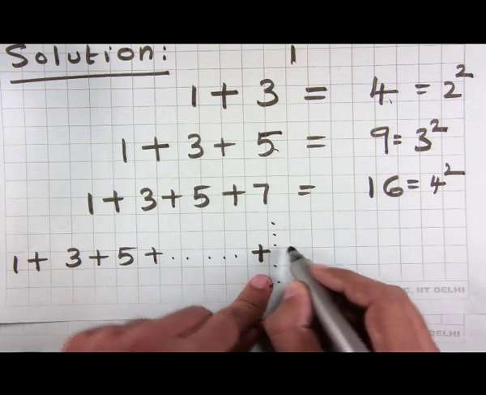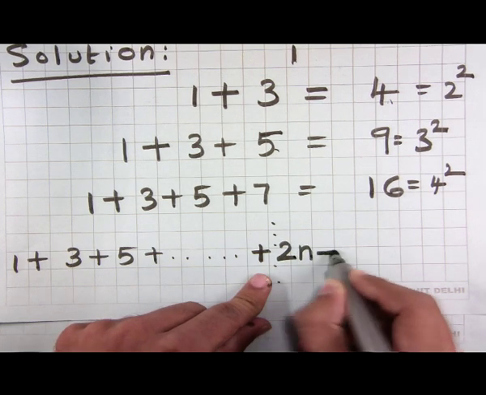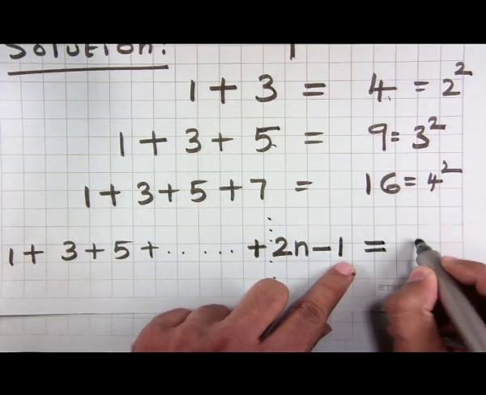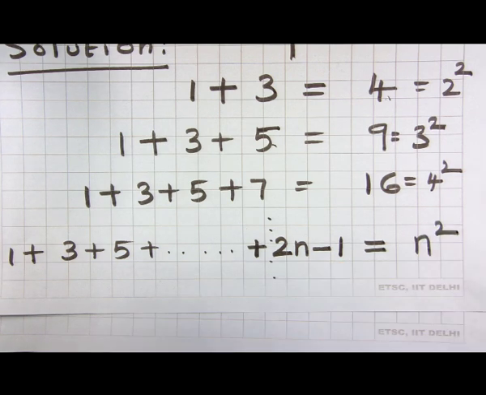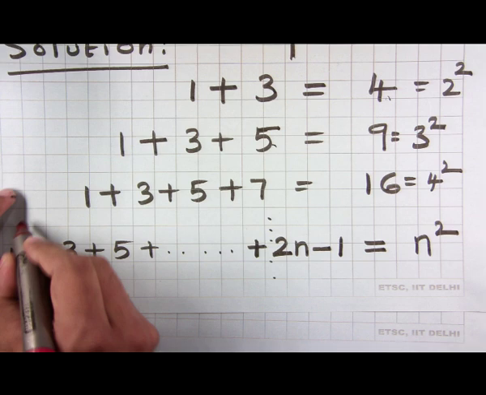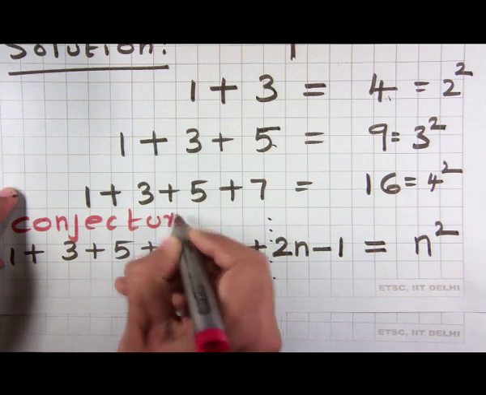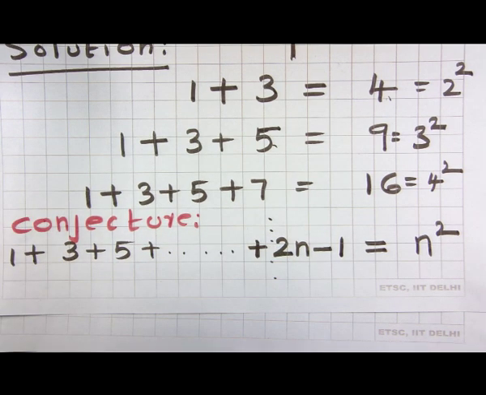The nth odd positive integer will be 2n minus 1, and I guess 1 plus 3 plus 5 plus etcetera plus 2n minus 1 equals n square. We did not prove this, but let us call it a conjecture.